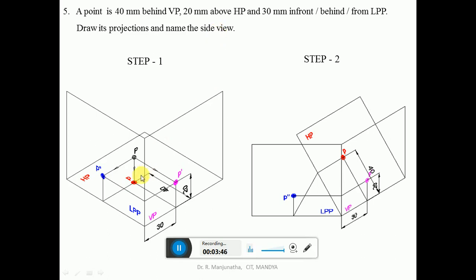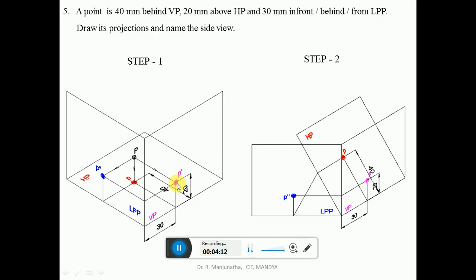Now we will analyze this problem. A point is 20 mm above HP. This is the above HP distance. When you look from the front view, we can see the distance above HP. When it is projected on the vertical plane, it will be here, that is 20 mm above HP.